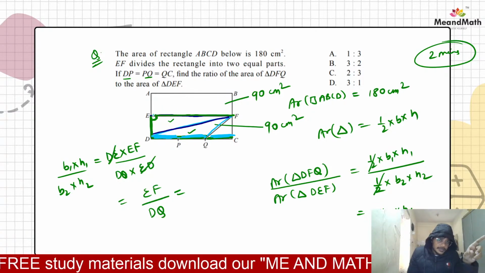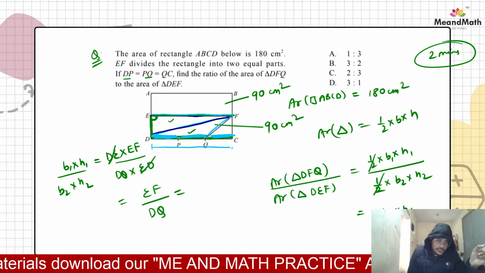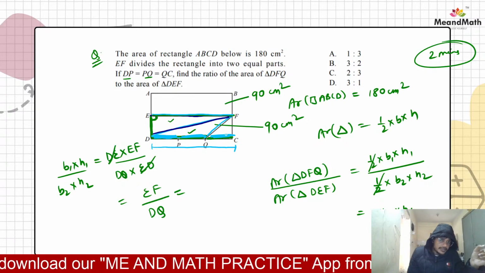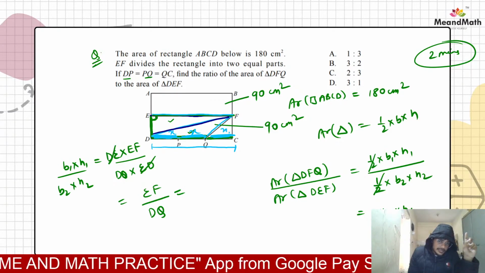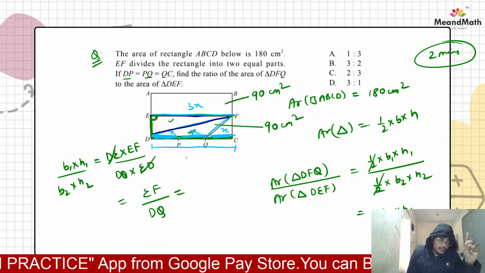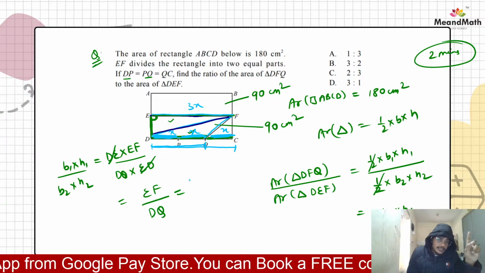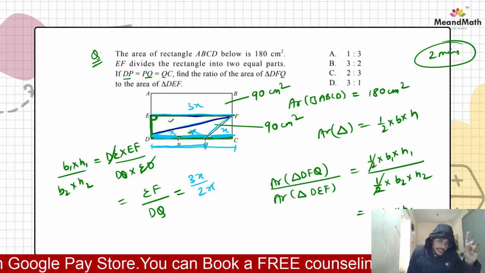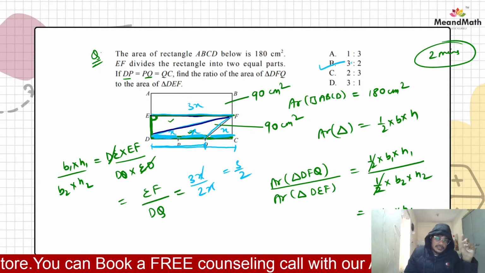This is a rectangle, that means this whole length will be equal to this whole length. And this length is divided into three equal parts. Let's say this is x, this is x, this is x. That means this would be 3x, right? So now we have to use only this. This is 2x, then 3x over 2x. x and x cancel out. The answer should be 3 upon 2. So the answer is 3 upon 2.